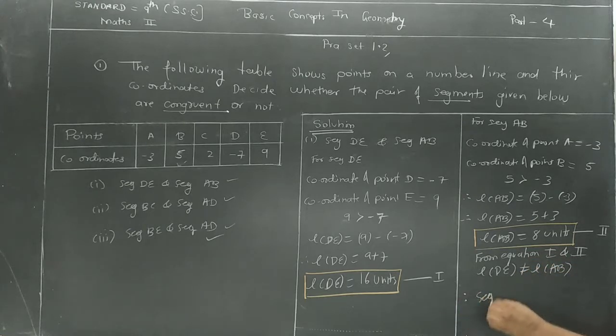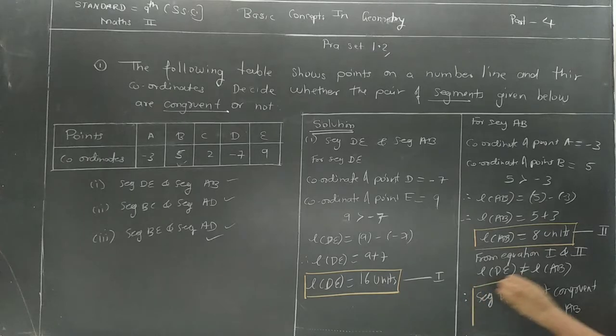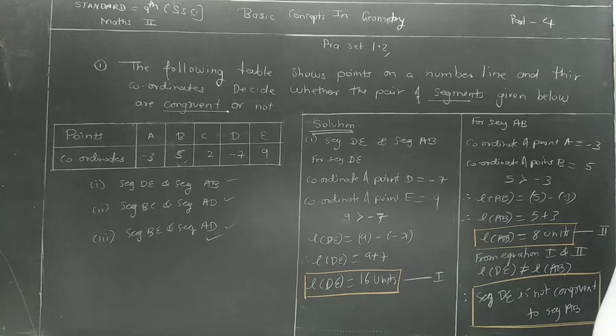Therefore, segment DE is not congruent to segment AB and that is your final answer. This is the way you are going to write these answers for these questions. Have you understood this? So, please put the therefore sign properly. Say it once again. Pause your video and copy it down.